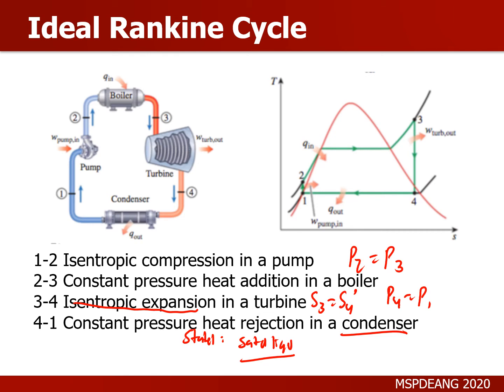And this is true kapag ideal yung Rankine cycle natin. And even if hindi ideal, if meron tayong inefficiencies, isentropic efficiencies na i-account, you can still use the concept of isentropic efficiencies, using the S4 prime and actual S4 to determine the actual state kung non-ideal na yung Rankine cycle natin.